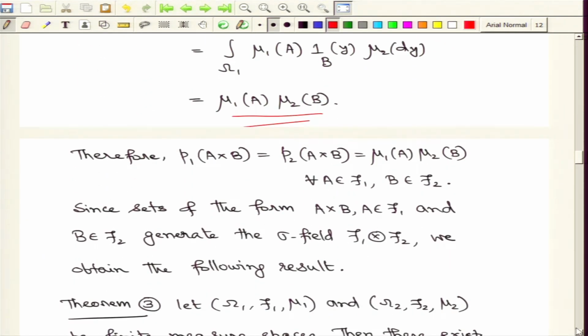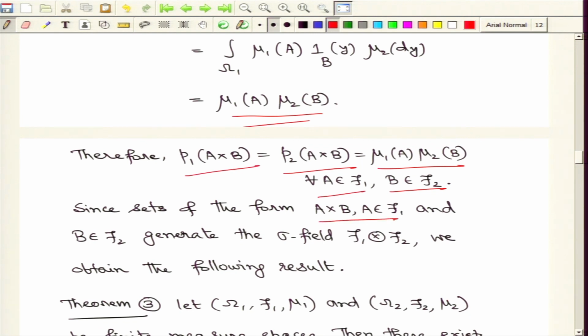Therefore, P1 of A cross B agrees with P2 of A cross B, and that value is mu1 of A times mu2 of B. But here A and B are arbitrarily chosen from F1 and F2.